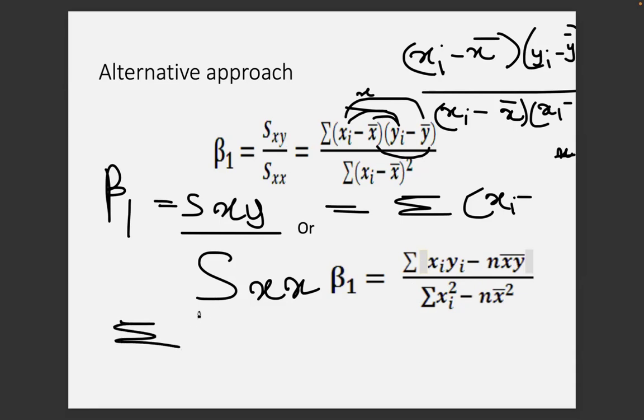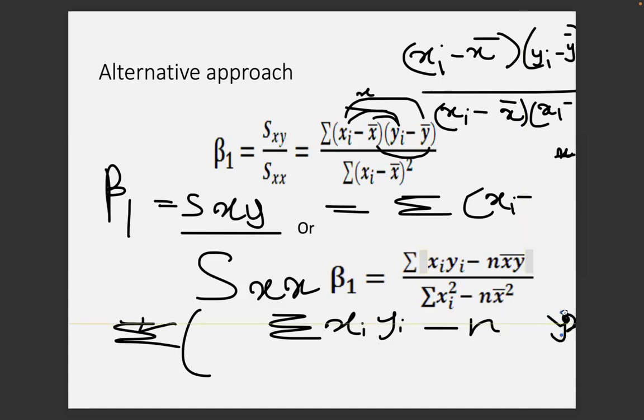Sigma is there, because we have to add all these xi yi values. So sigma xi yi minus n x bar y bar, divided by the summation of xi squared minus n times x bar squared.